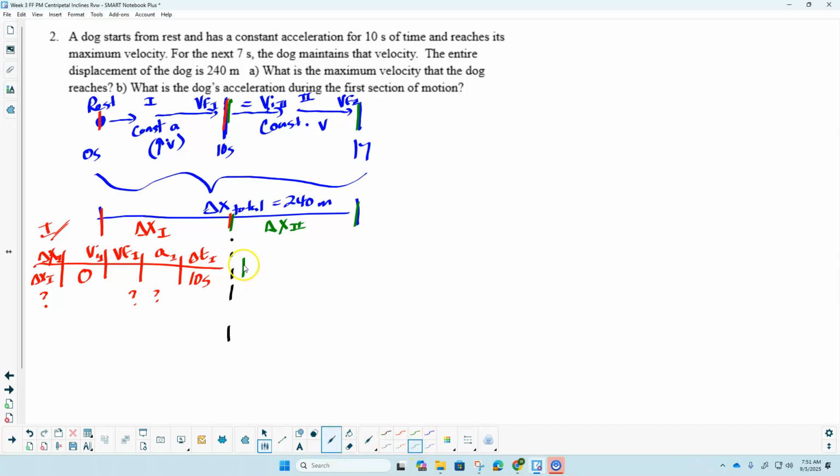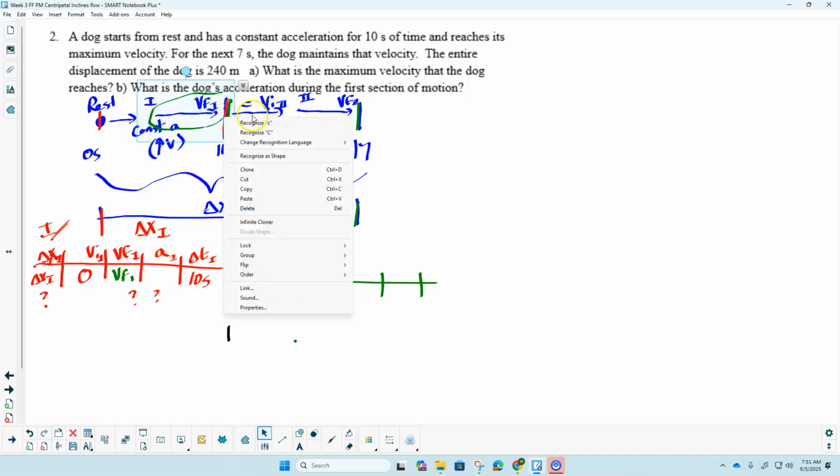If we look at the table for section 2, similarly, I think we have some ideas, but not all of them. So this is delta x, which is going to be delta x2. We have the initial velocity in section 2, which is actually the same as VF1. So I'm just going to write this as VF1 because this speed stays constant throughout.